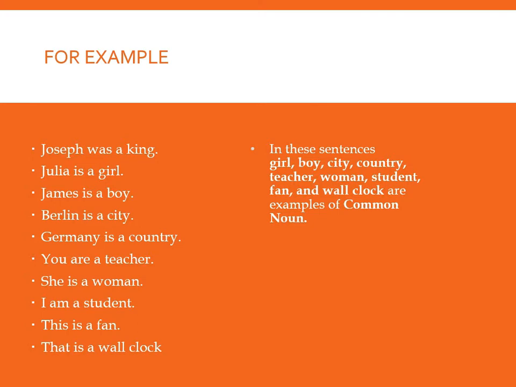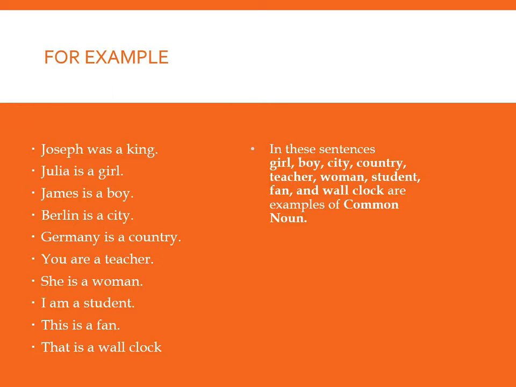Viewers, in these sentences, girl, boy, city, country, teacher, woman, student, fan, and wall clock are all examples of common noun. Because when two or three boys are standing there, all are boys, and the word boy is used for all boys.